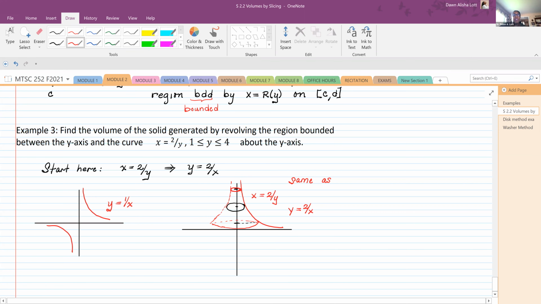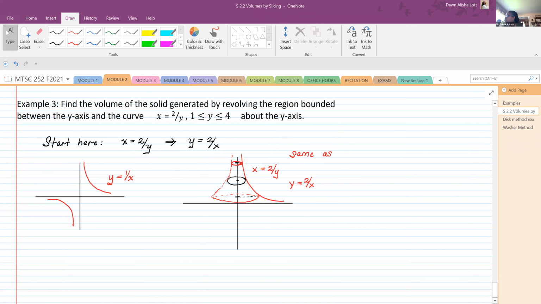Well, they already told you that y went between 1 and 4. So this is my c and this is my d. And x says this is my radius. My radius here is whatever my x value is, and that is 2 over y.